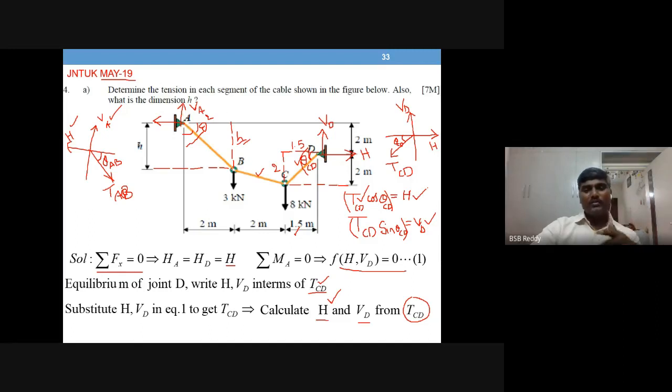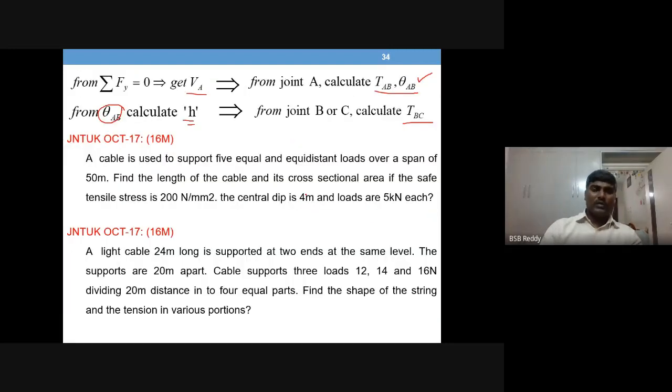Again joint B has even four unknowns, two forces and two angles, theta AB and theta BC. You can't solve this one. Similarly, this one. So the only option is joint D. That's why we started at D and came back to A. So this is how you have to proceed, right?